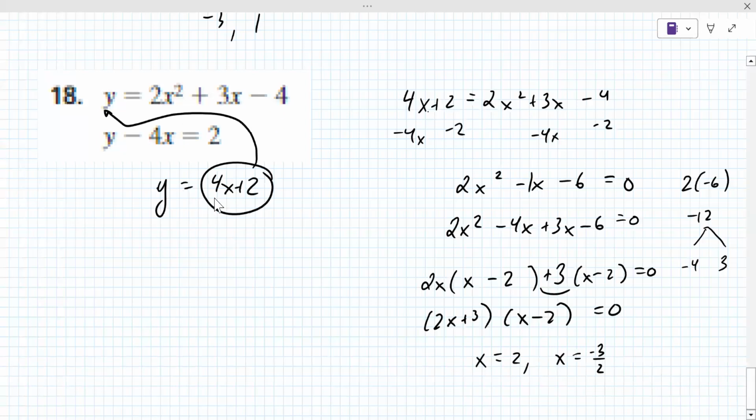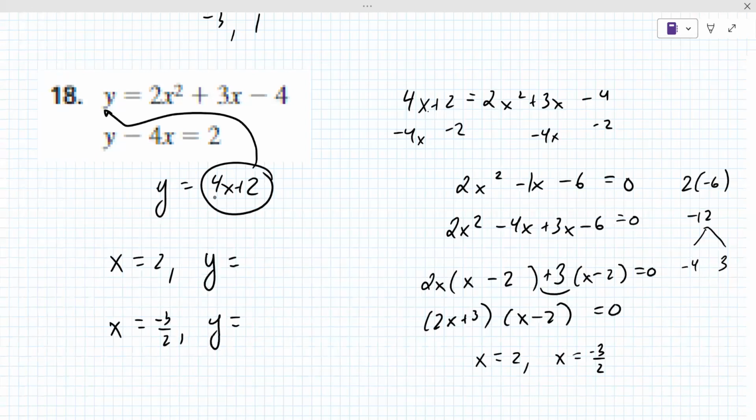You got to go back and use this other equation to find y. So I would use that second equation. Give me the y values, please, whenever you got them. 10 and... -3/2 and -4.